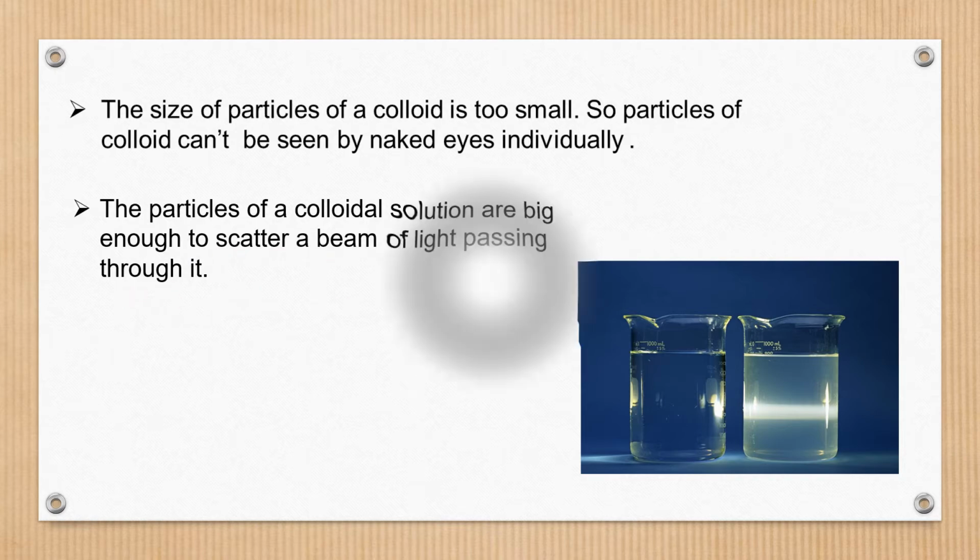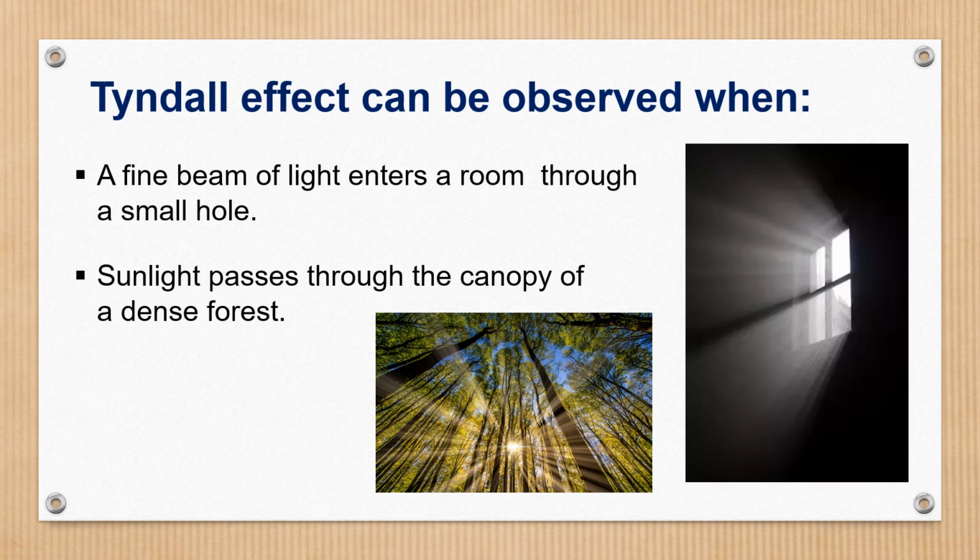Some examples of the Tyndall effect. The Tyndall effect can also be observed when a fine beam of light enters a room through a small hole or through a window. You can see this in the picture.